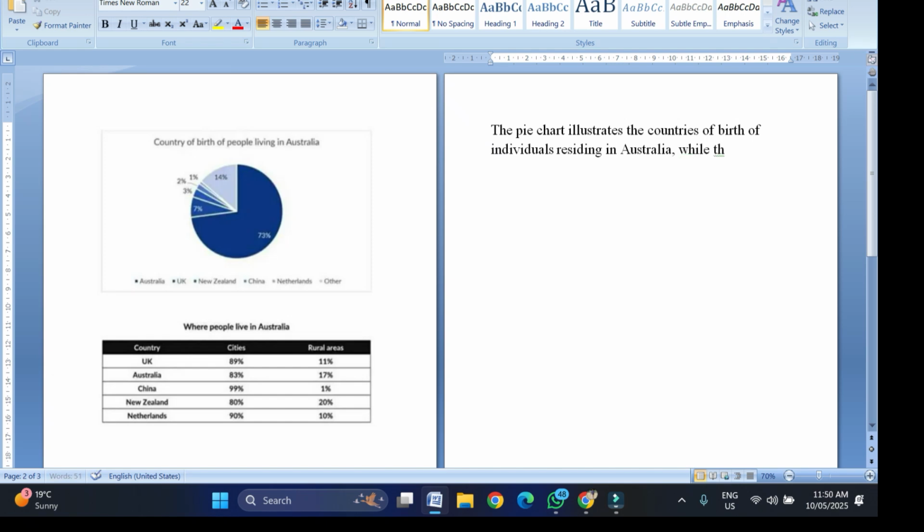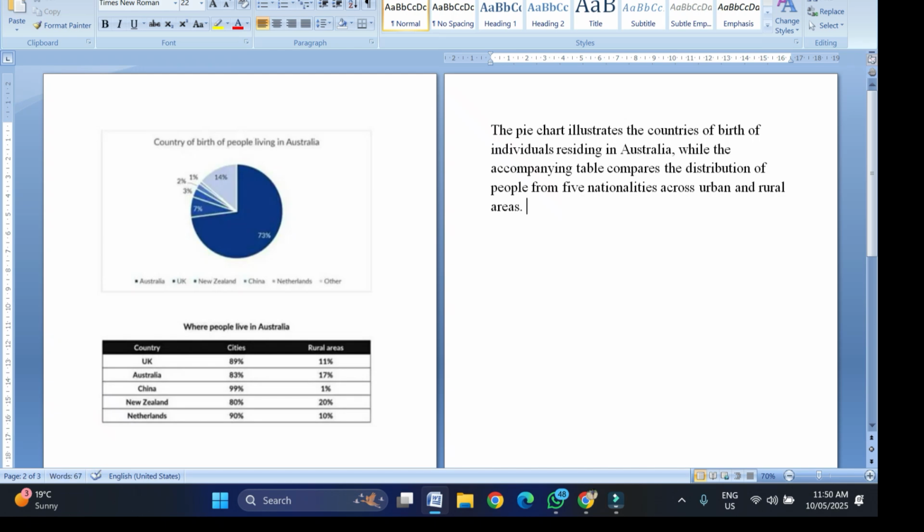While the accompanying table, yes, you can use this word, compares the distribution of people from five nationalities across urban and rural areas. Simple.